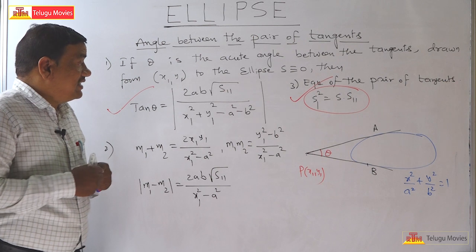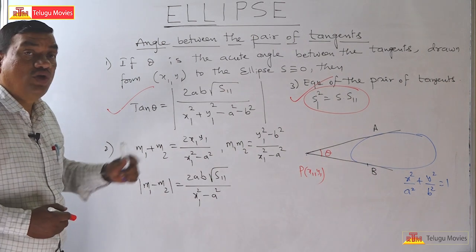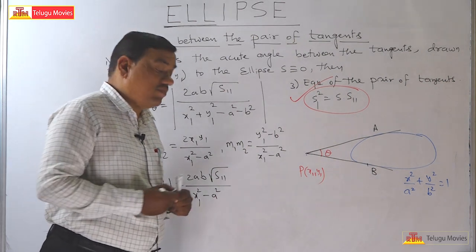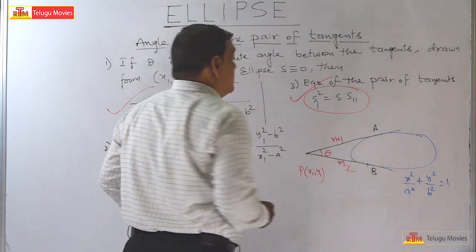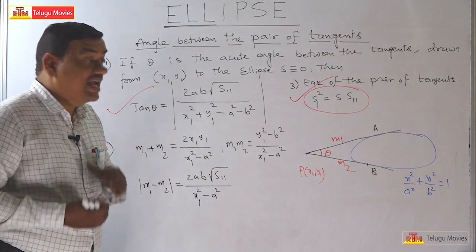The next concept is, we are saying a pair of tangents. Let the slope of the first tangent be m1 and the slope of the second tangent be m2.